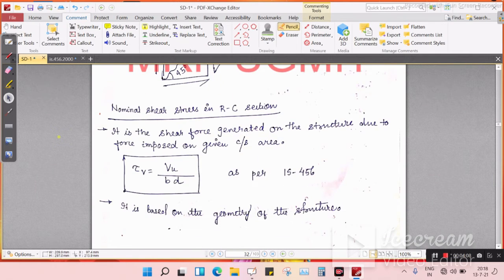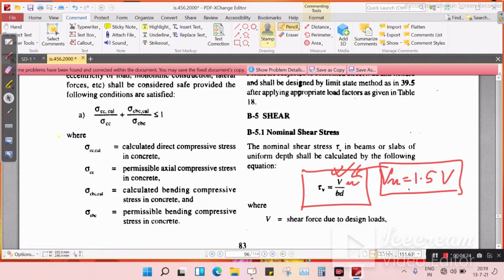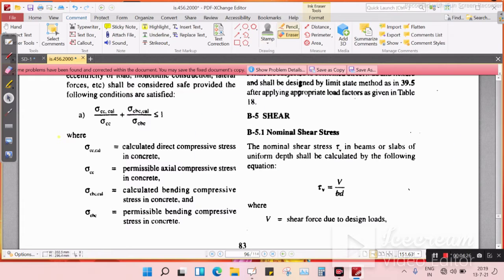Now we will move towards nominal shear stress in RC section. As I have already told you, nominal shear stress tau V is equal to Vu by bd as per IS 456. As you can see here, tau V is equal to Vu by bd.